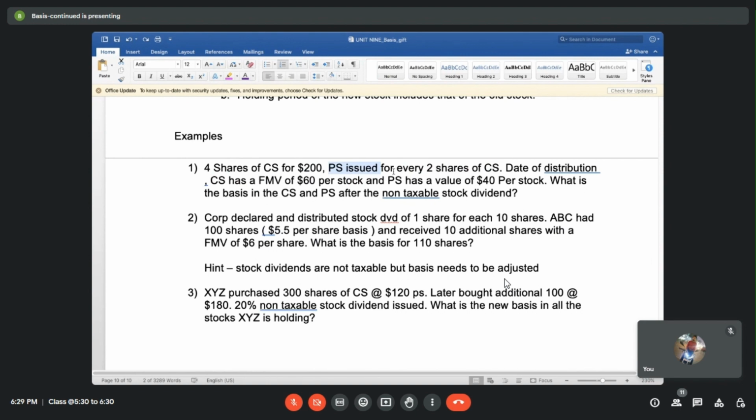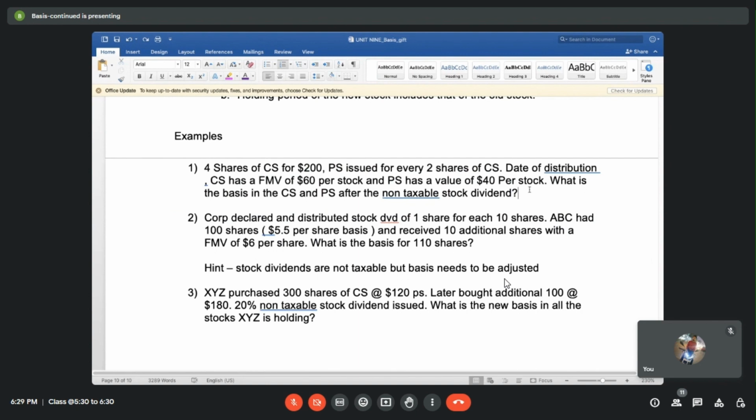That means this person is getting 2 extra preferred shares because he's holding 4 common stock. Okay, so we'll see what is the fair market value. At that point of time, the fair market value of common stock went from 50 to 60 and preferred stock had a value of 40. So what is the basis in common stock and preferred stock? Okay, we'll just see what is the basis in common stock and preferred stock.